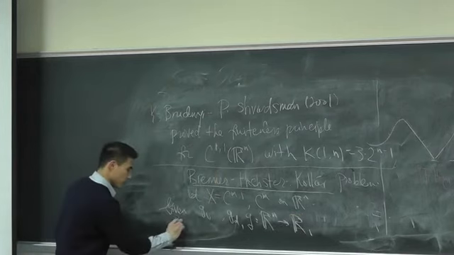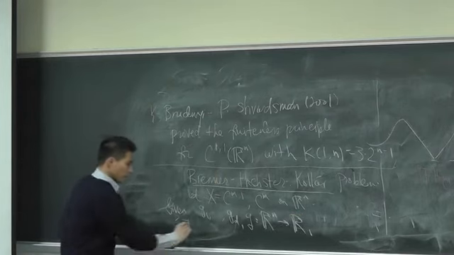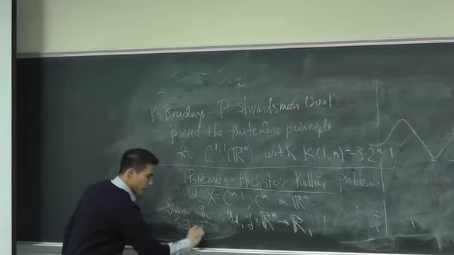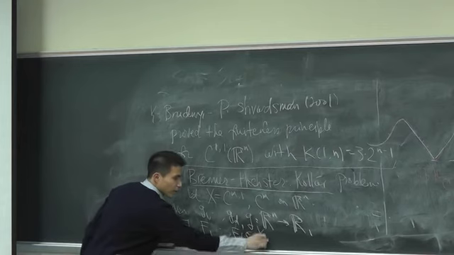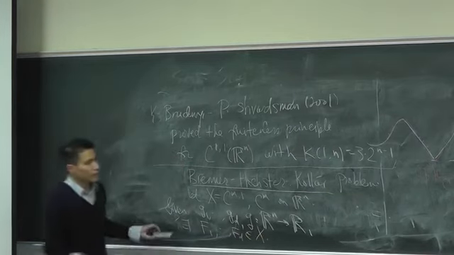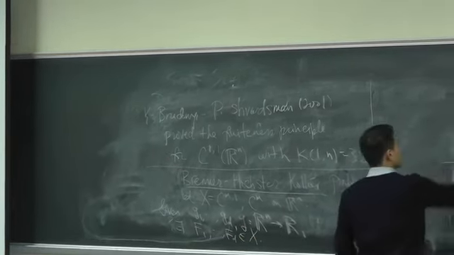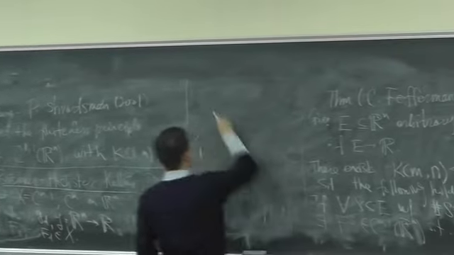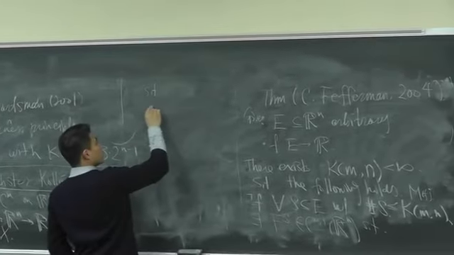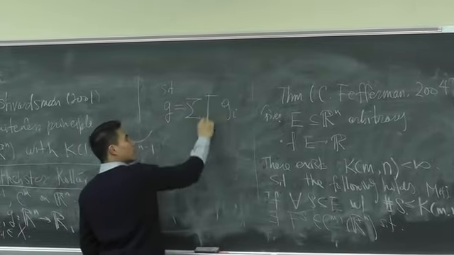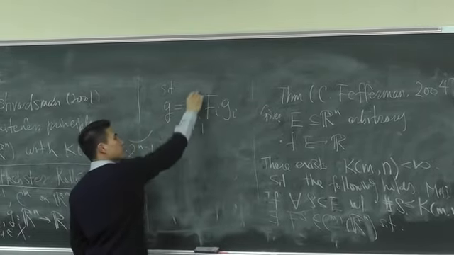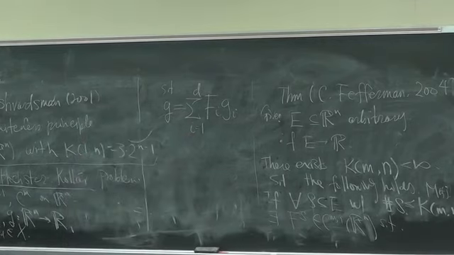So the question is, can you find F_1 to F_d in the function space such that G is a linear combination of the G_i with the F_i as the coefficients? Is the statement clear?